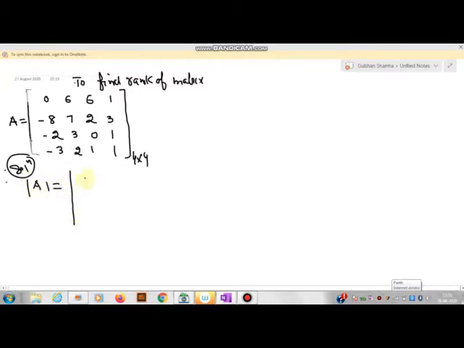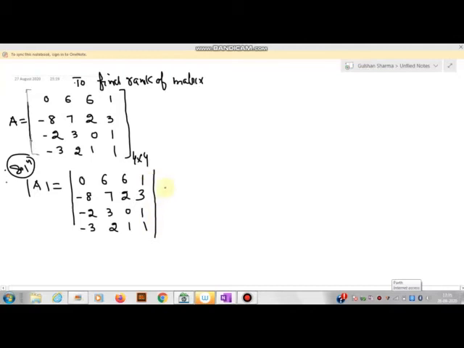This is 0, 6, 6, 1 and minus 8, 7, 2, 3, and minus 2, 3, 0, 1 and minus 3, 2, 1, 1.